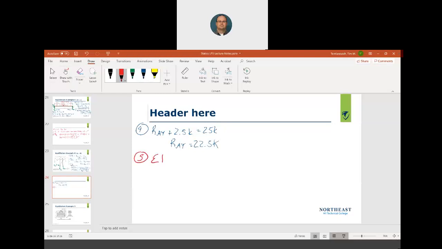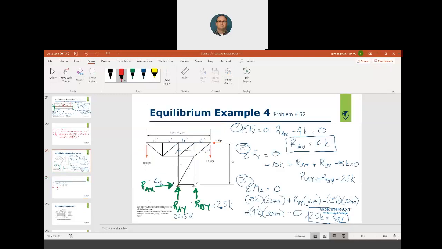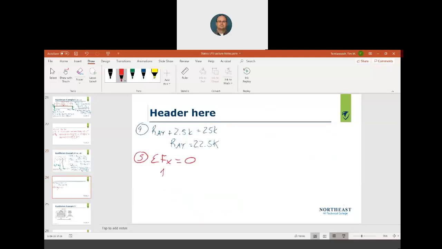Sum of the forces in the x direction equals 0. My RAX is 4.5. We believe. That's 4, I'm sorry. 4 kips minus the 4 kip load equals 0. Check. Sum of the forces in the y direction have to equal 0. Okay.